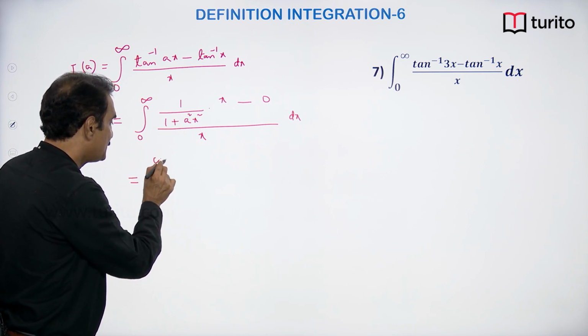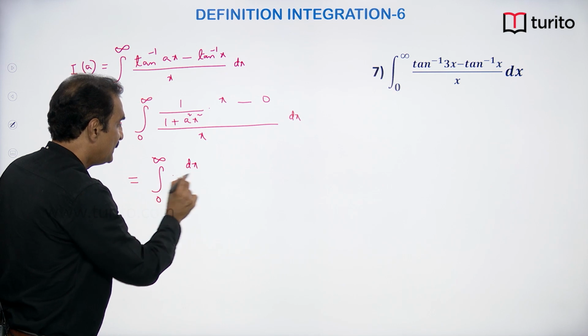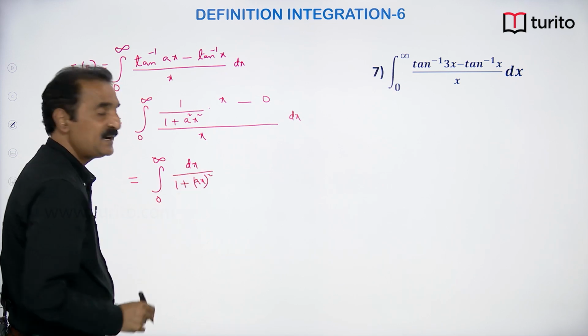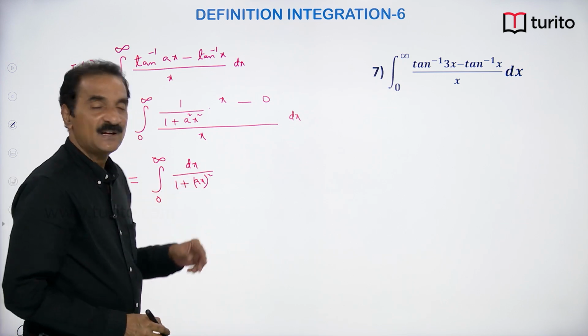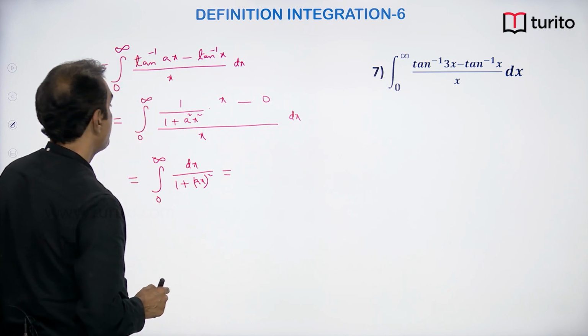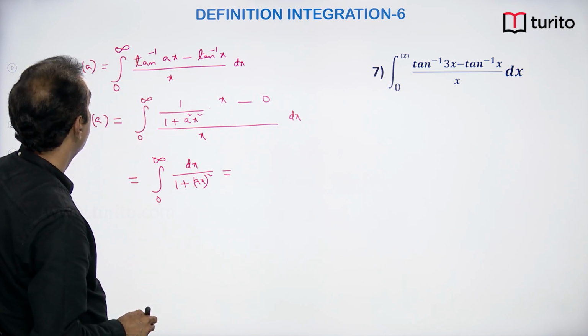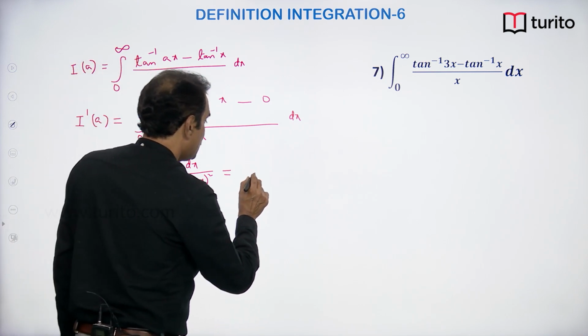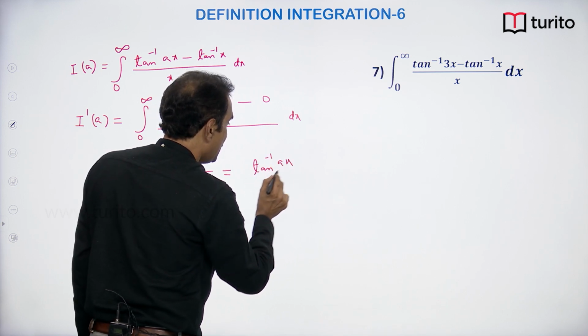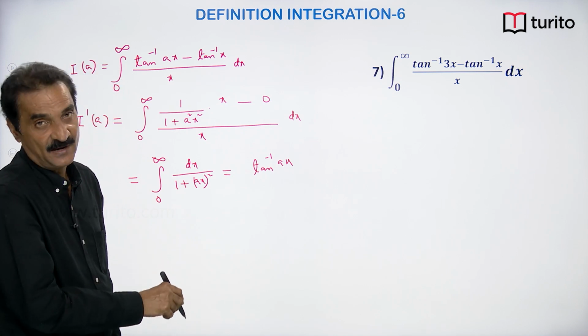It is integral 0 to infinity dx by 1 plus ax whole square. What is the integral now? Tan inverse ax by a.